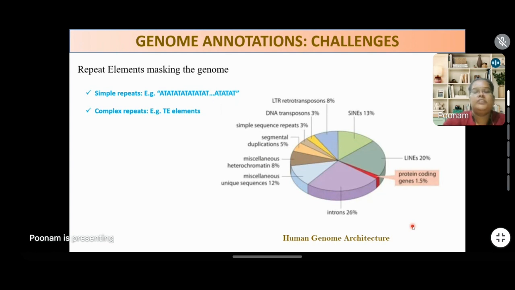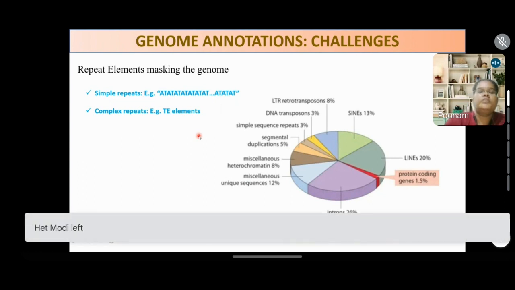So how are these DNA sequences not correlating? Because of the presence of repeat sequences, which could be simple repeats, and we all know these sequences are there. Then there are complex repeats like the transposon elements. They can be DNA transposable elements, or they can be retrotransposons which get incorporated into the DNA sequence.